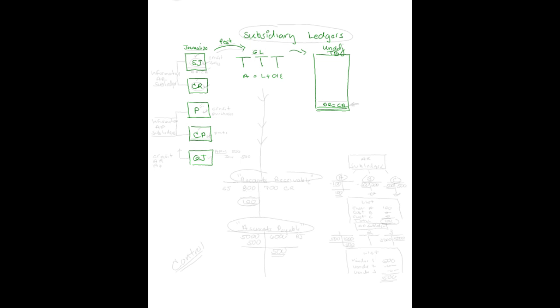Let's review for a moment how our current flow of the accounting cycle is. We've replaced the general journal approach with a 5-journal approach, the special journals: sales journal, cash receipts journal, purchases journal, cash payments journal, and general journal.